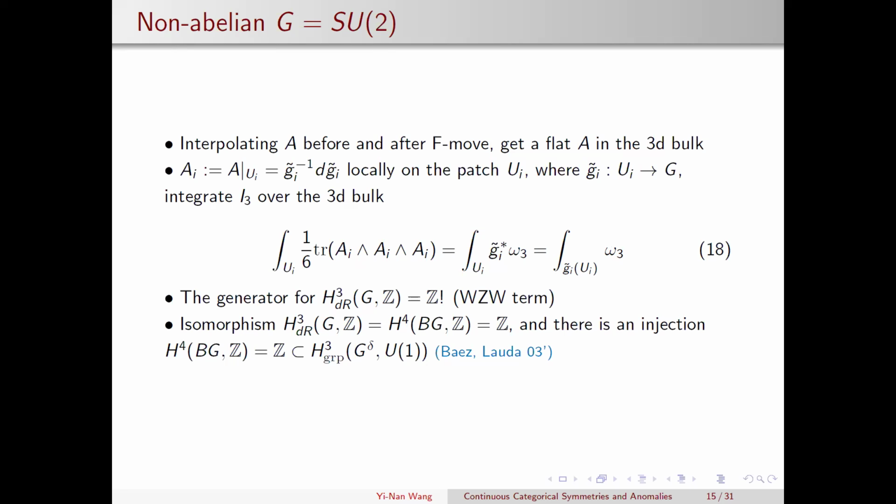Sorry, can I ask a question here? For the cohomology computations, you're endowing G with the discrete topology. But here it seems like you're using a different topology to define the G tilde. Is that the case? Let me think. So you're asking whether the little g is differentiable, right?